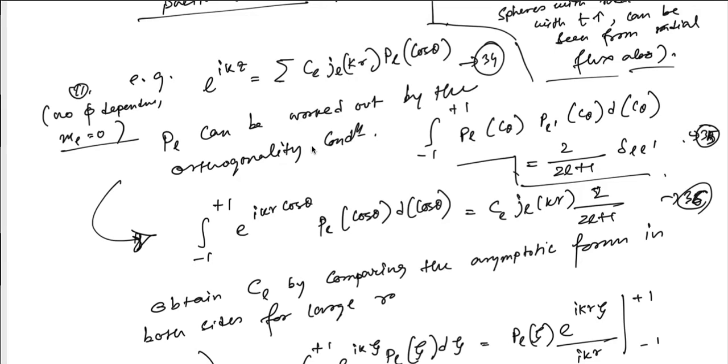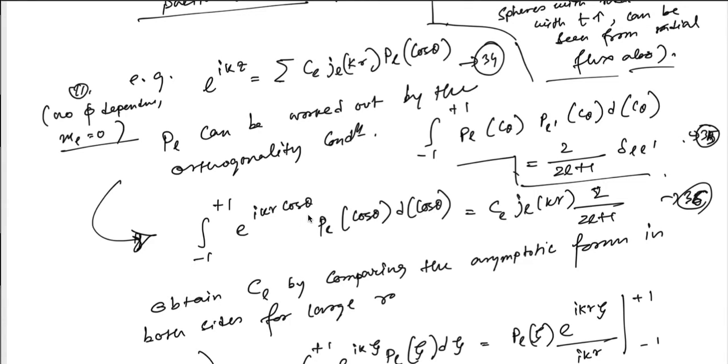So we can look at the orthonormality property of these Legendre polynomials P_l. The orthonormality property is this, and we can also consider this particular integral, which is very useful for this calculation.